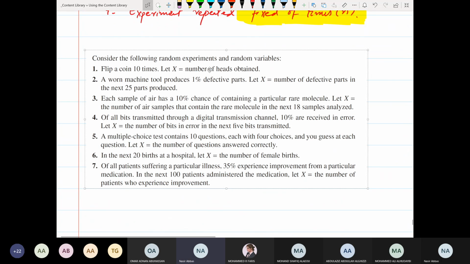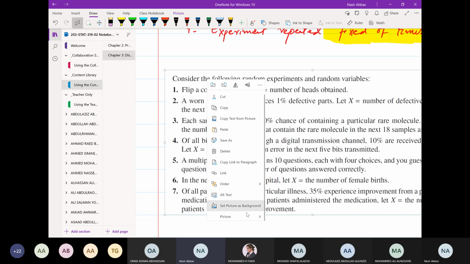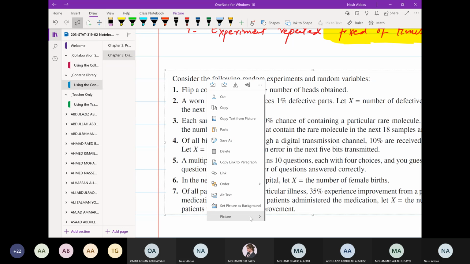And can anyone tell me how to crop it? How do we crop it? Draw. Crop. No. Picture.